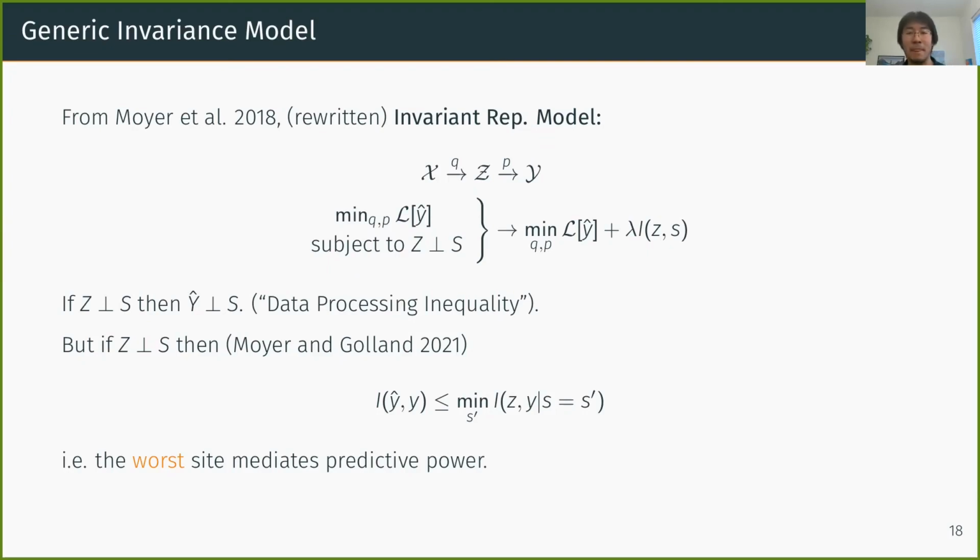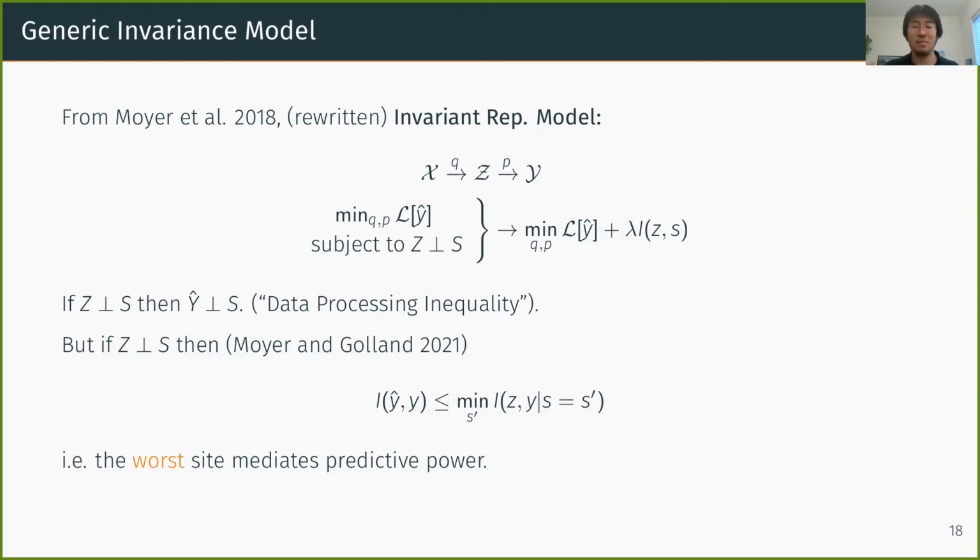But if we have a large number of sites, the overlap between sites goes down. And if we're saying that our Z has to be invariant to site, then we only get the overlap in the signals. Worse yet, if somebody slips in a really bad site, like total noise or zeros everywhere, or MRI of knees instead of brains, the only site-invariant Z is an irrelevant Z, one that is not relevant to Y, because somebody slipped in a scan that doesn't have any Y information.